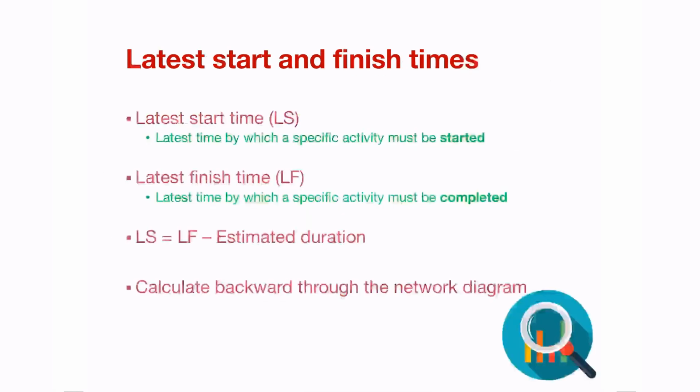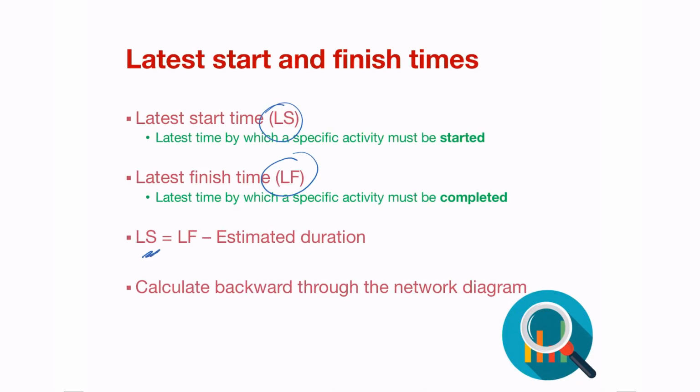It's not complete, however, because now we need to also look at the latest start and latest finish. And the way we do that is through a backward pass, which means we go back through the network diagram in order to establish what our late start and late finish times are, denoted as LS, late start, and LF, late finish.